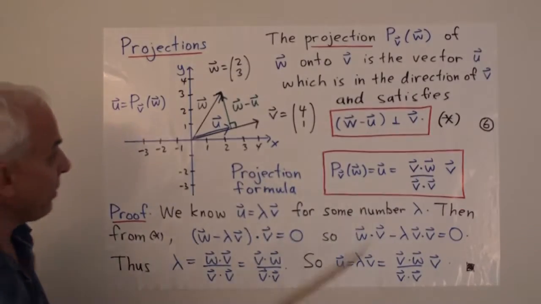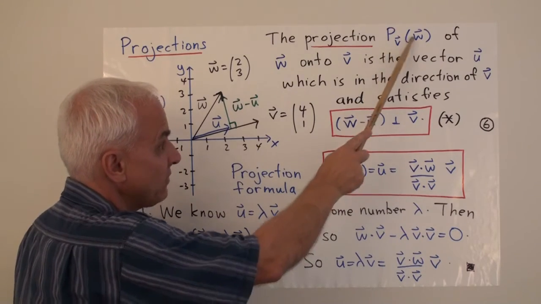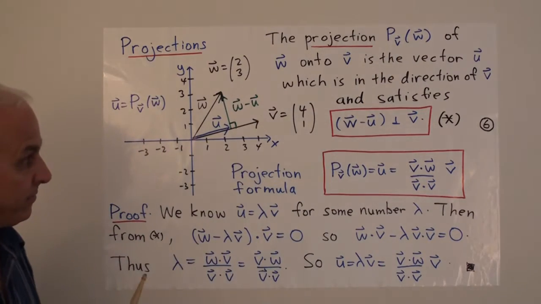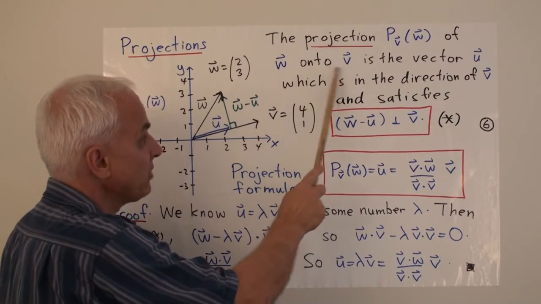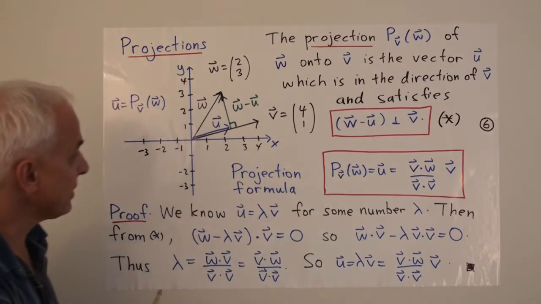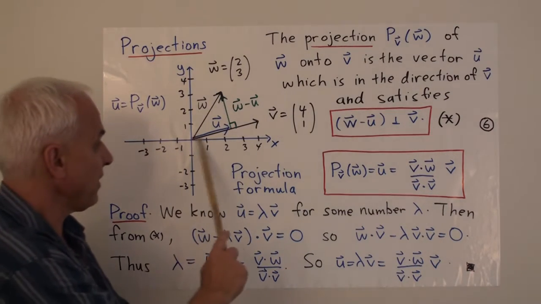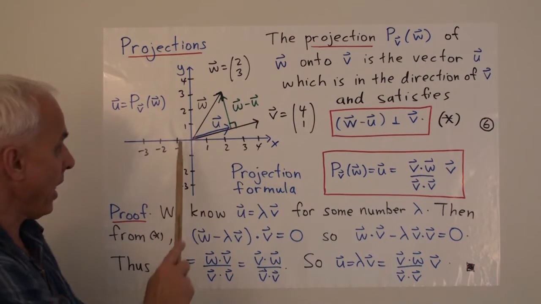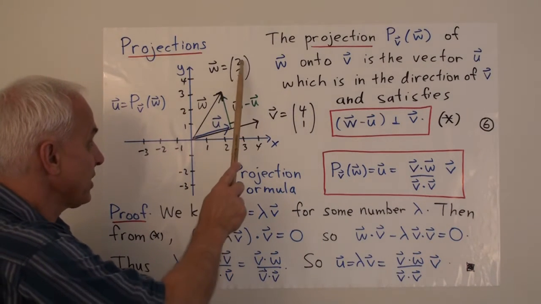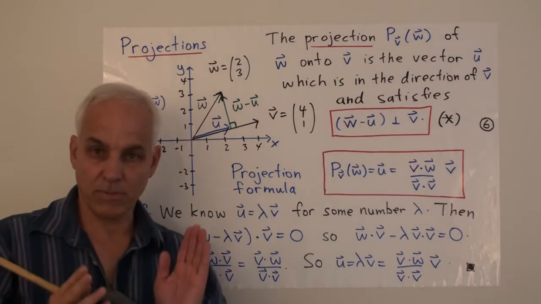Okay, so what are we talking about here? The projection P sub V of W. What is it? Well, the projection of W onto V is contained in this diagram here. So here's the vector V, which in this case happens to be the vector (4, 1). And here's the vector W, which in this case is the vector (2, 3). And what are we talking about when we're talking about a projection?